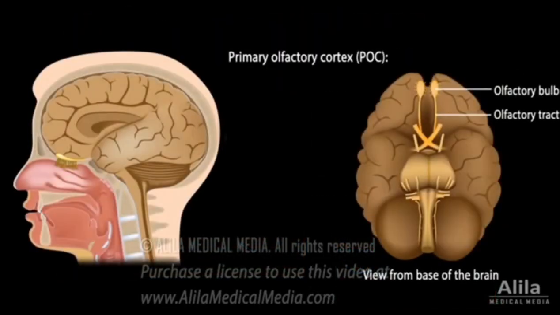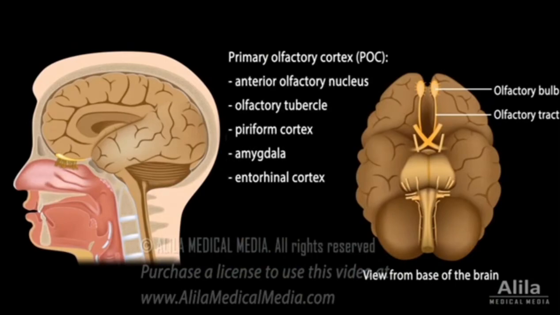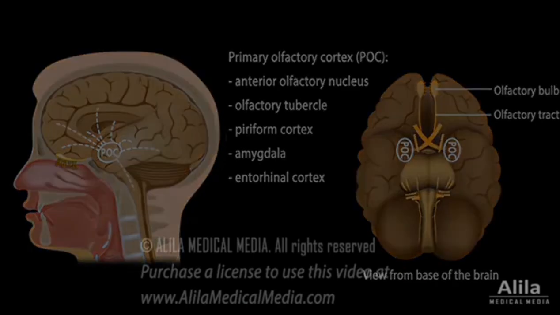The primary olfactory cortex is not one, but several cortical areas located on the base of the frontal lobe and inferior surface of the temporal lobe. These primary regions then project further to other areas of the brain, mediating different aspects of odor recognition and response.